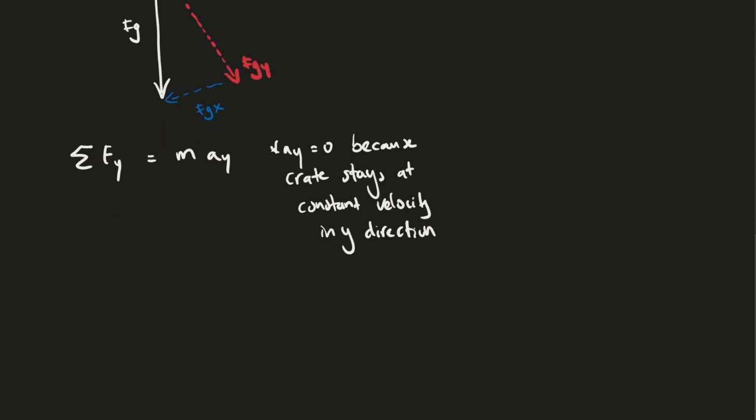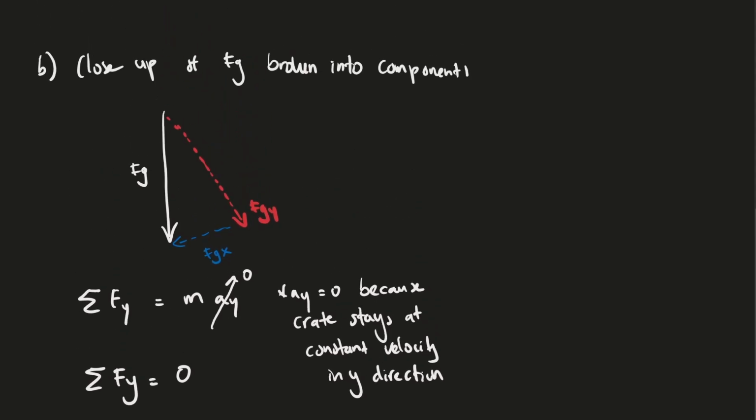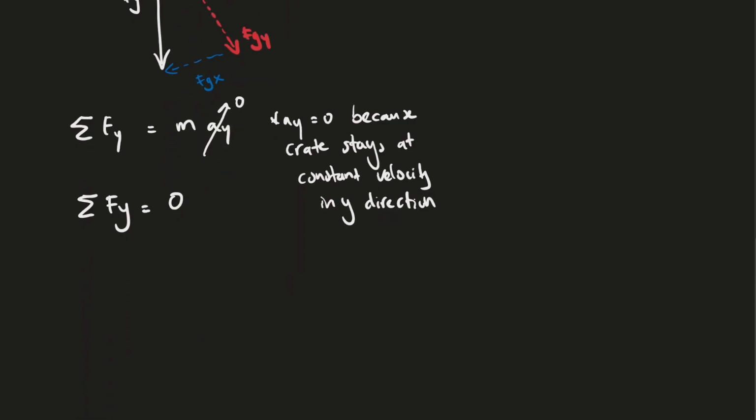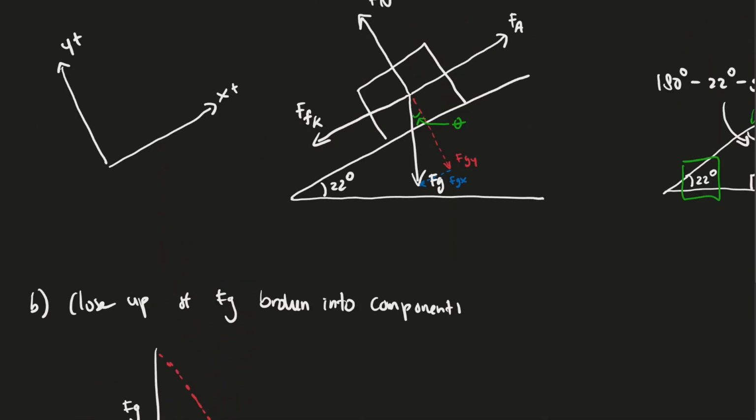So if Ay is 0, this would mean that the sum of the forces in the Y direction is equal to 0. Correct? And then let's take a look at the forces from the FBD. The summation of the force in the Y direction is going to be, as you can see, Fn and Fgy, because we're using this frame of reference.